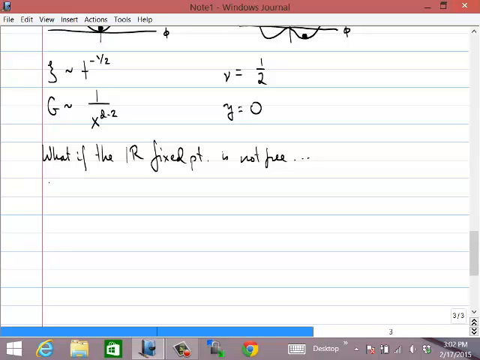So we're studying a scalar field theory, and we expect that at long wavelength, the only operators that should matter are the relevant operators, namely those whose coupling constants have positive mass dimension.